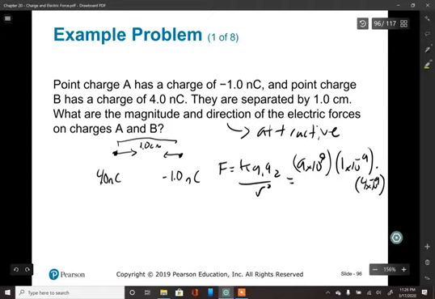And that's all over the separation distance squared. Again, you have to work in meters, so that is 10 to the negative second squared. And if you plug that into your calculator, you will get 3.6 times 10 to the negative fourth newtons. And so we've got the magnitude and direction.